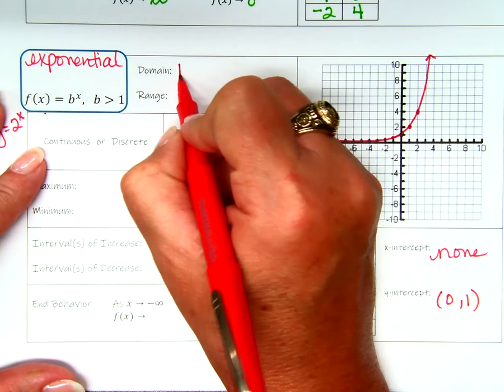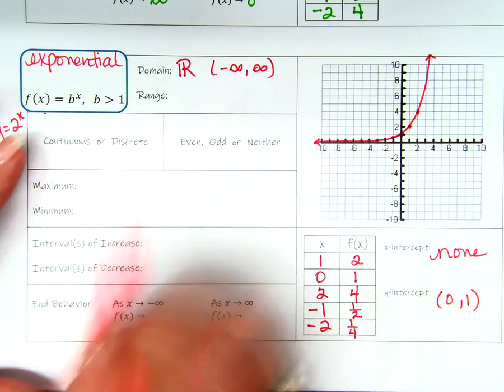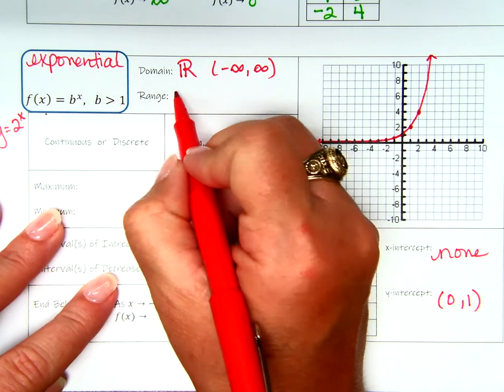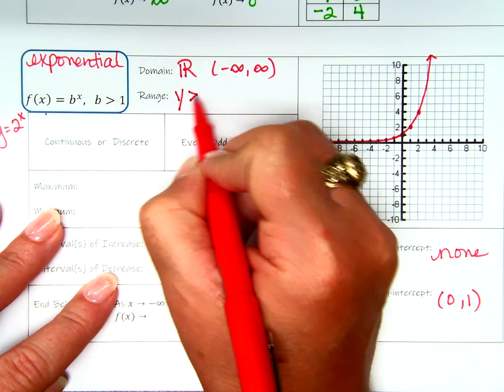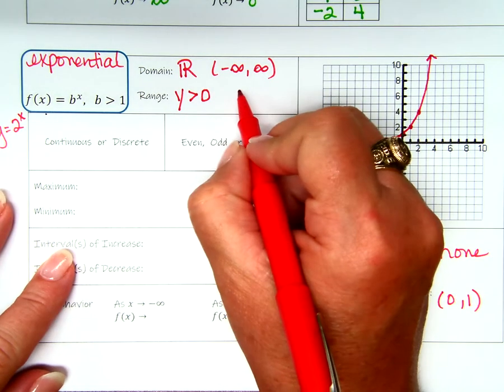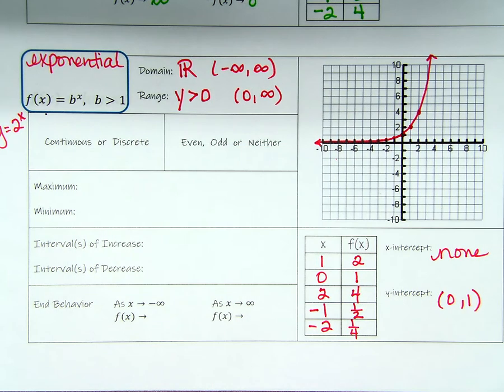All the way, right? So all real numbers, -infinity to positive infinity. What's the range? How far down does it go? How far up does it go? Y is greater than 0. So from 0, not including 0, all the way to infinity, right?